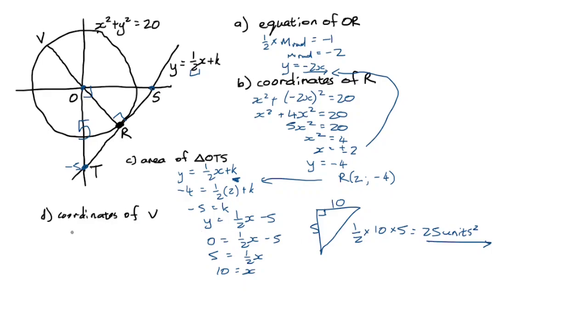And then lastly, the coordinates of V, and this is a really nice little trick. It's like working with the midpoint, and in this case it's a bit of an easier example, but in reverse, because in a sense I've got the midpoint and I've got another point, and I need the point on the opposite side. And so just to get in a good habit of layout, I'm going to write the midpoint formula, which is the x value at one point, and let's just call V xy for now.